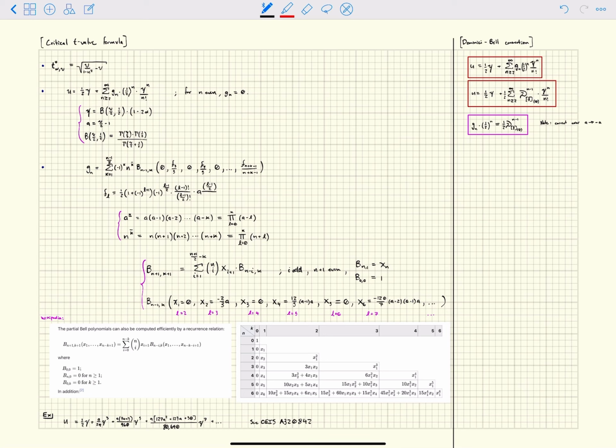I do need to make one correction: in the Dominici expansion, to make it equivalent, you actually want to substitute negative a for a, and then these two methods are equivalent, and you get the correct answers, which correspond to the terms you expect to see in a t-table.